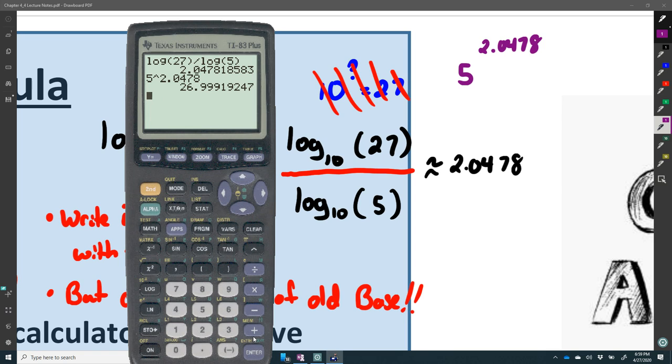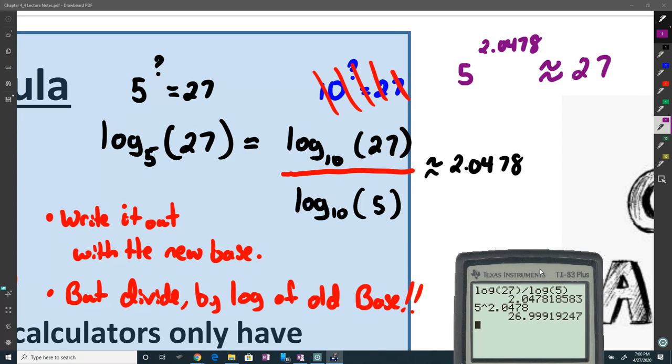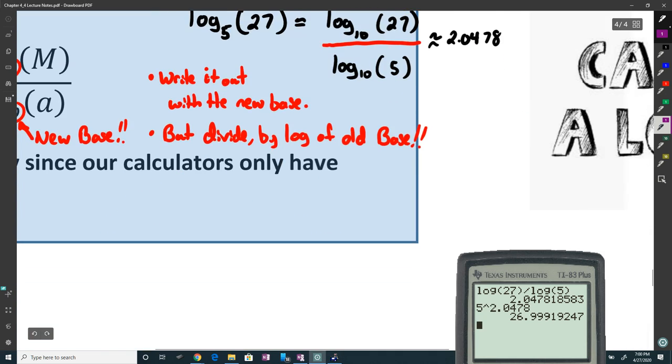Notice I got 26.999. That's really close to 27. So with logs, we're able to find really weird exponents. You're able to answer 5 to the what equals 27, 3 to the what equals 15. Things that you couldn't do before, with logs, you're able to do now. Anyway.